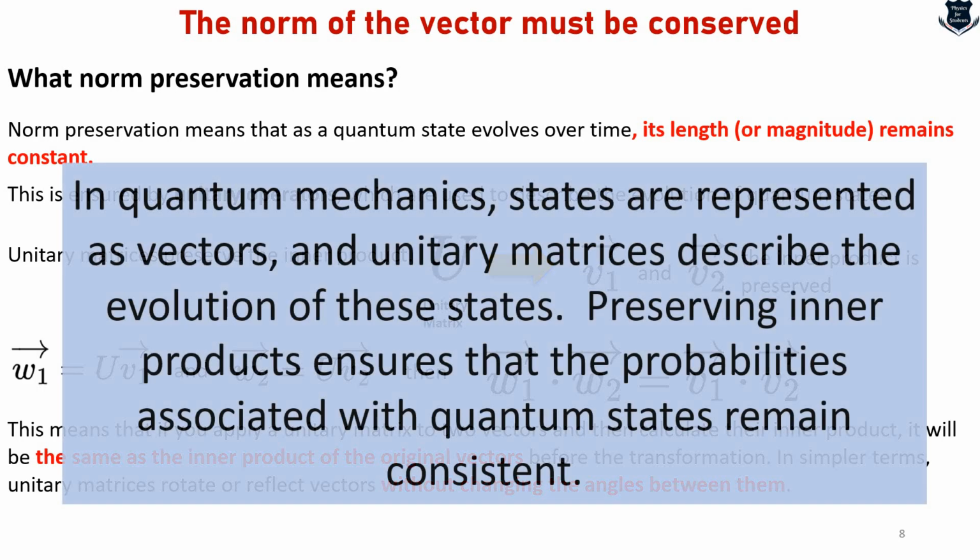So from here what we can say is that in quantum mechanics, states are represented as vectors, and unitary matrices describe the evolution of these states. Preserving the inner product ensures that the probabilities associated with the quantum states and their outcomes remain consistent, and that is the basic objective of science, so that we can measure them in a consistent manner.